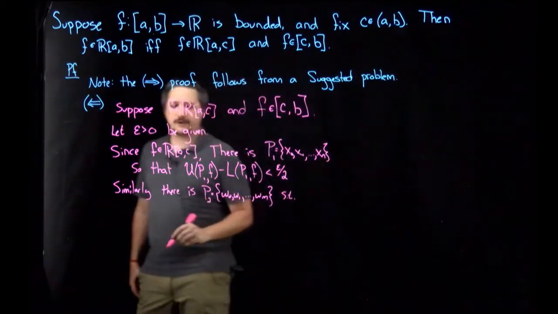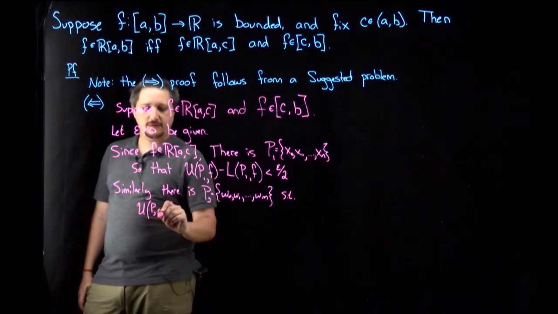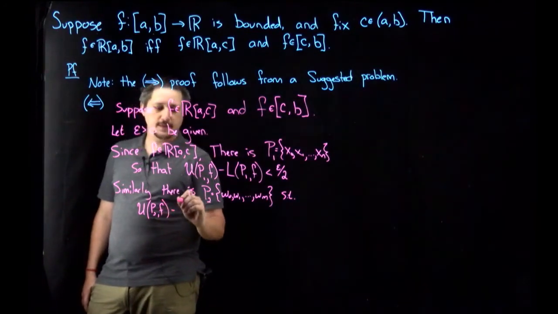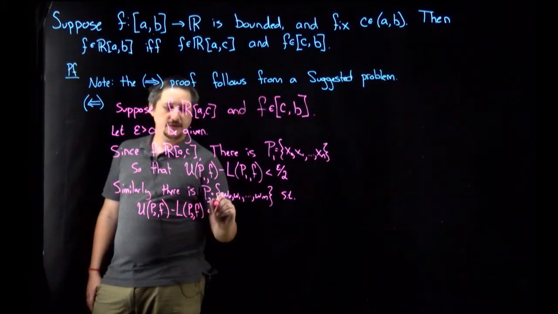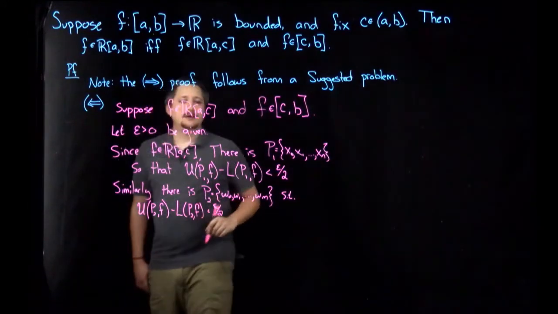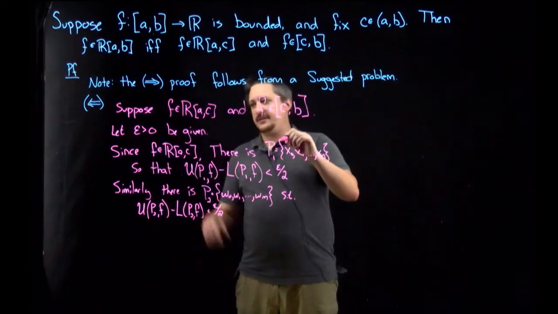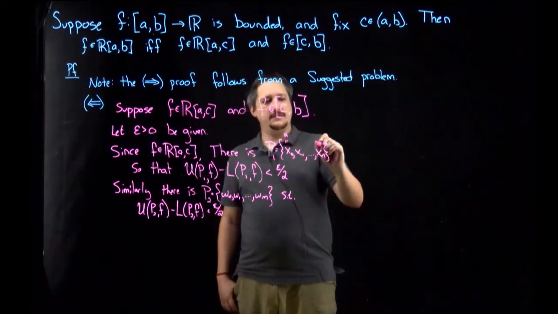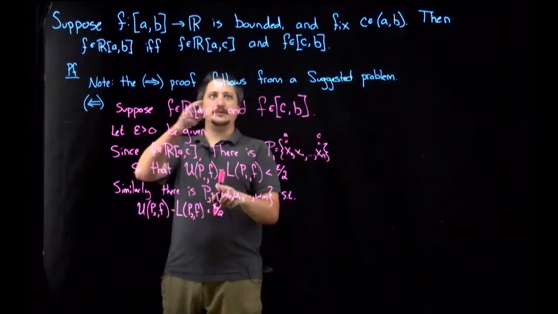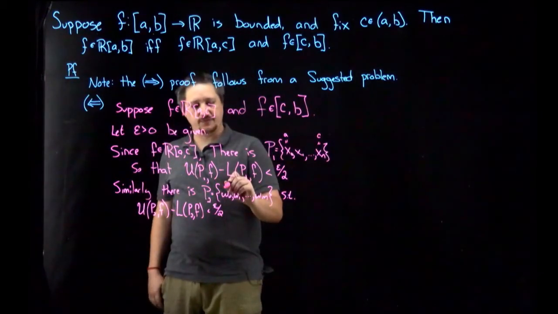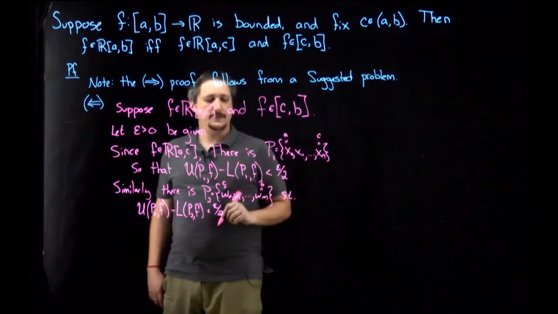Such that U P2 of f minus L P2 of f is less than epsilon over 2. And it's maybe not obvious with the way I've written this, so let me make it very clear. This x0 is the start here, a, and then the xn is c. But down here, the P2 I'm choosing is for the second piece. So the leftmost part is c, and the rightmost part is b, right?